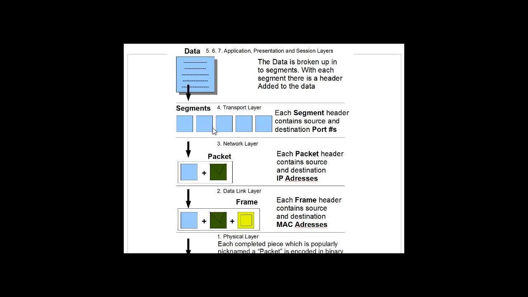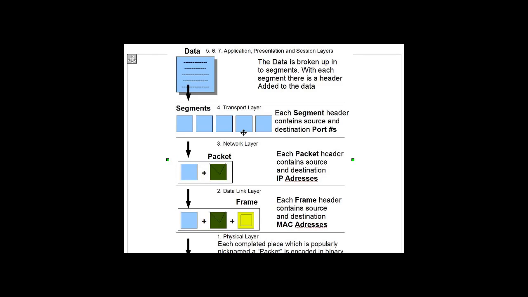Each segment header contains source and destination port numbers. If it's an email, the destination port number is going to be, let's say, port 25, and then you know it's SMTP and it's going to be an email.